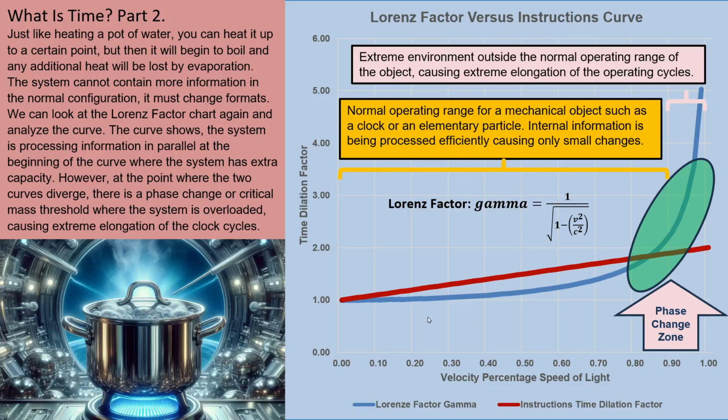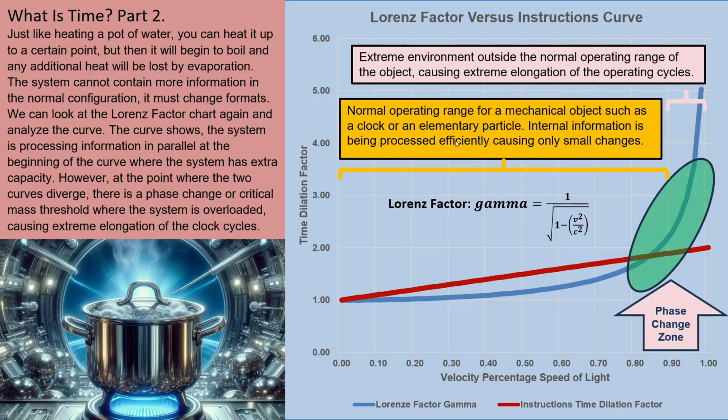If we look at these two curves, they're very similar all the way up until about 90% of the speed of light. And the red curve, of course, is the information systems model, and the blue curve is the Lorentz model given by this formula here, the Lorentz factor. We have a normal operating range for mechanical objects such as a clock or an elementary particle.